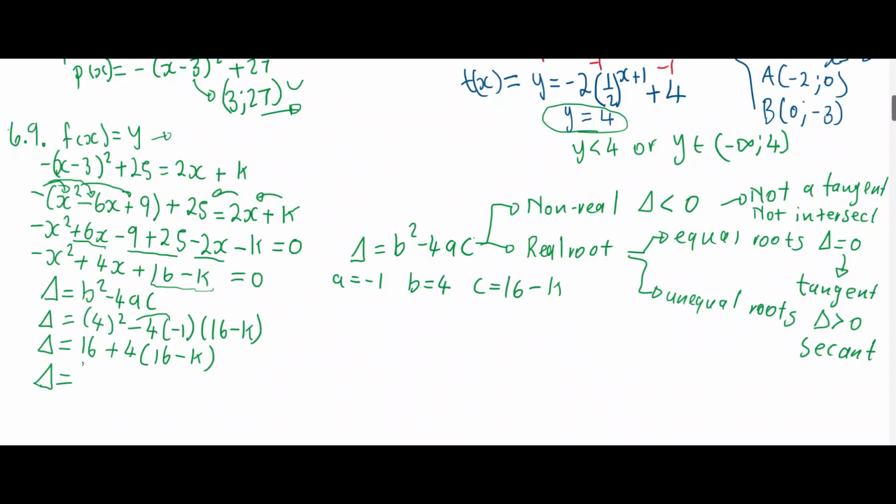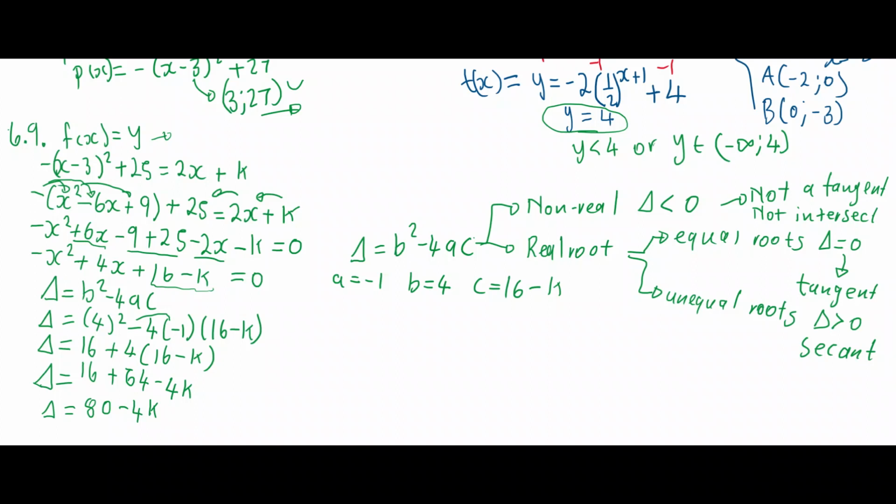So now the discriminant is going to be 16 plus 72. It's not 72, let's check that. Oh, it's actually 64 minus 4k. Let's not make mistakes. Yes, and if you simplify this, it's going to be 80 minus 4k.